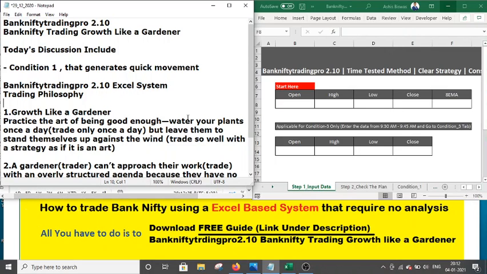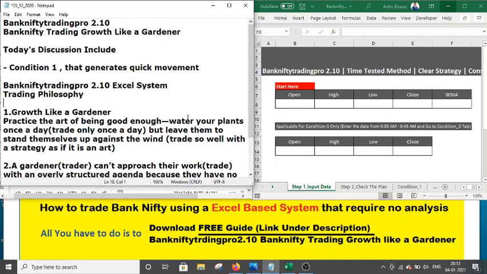a gardener knows that he needs a flexible plan because of the conditions of the weather. His plant may grow in a different way even if he nurtured the plant in the same manner.